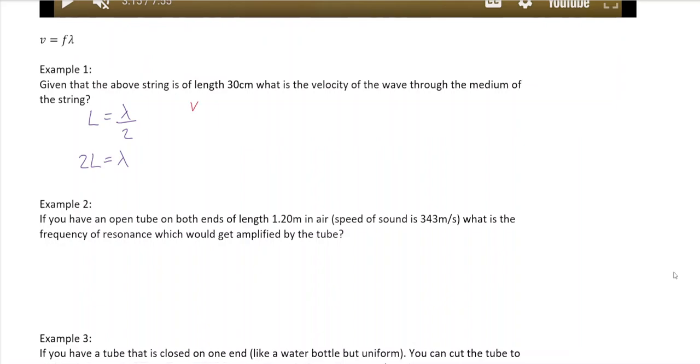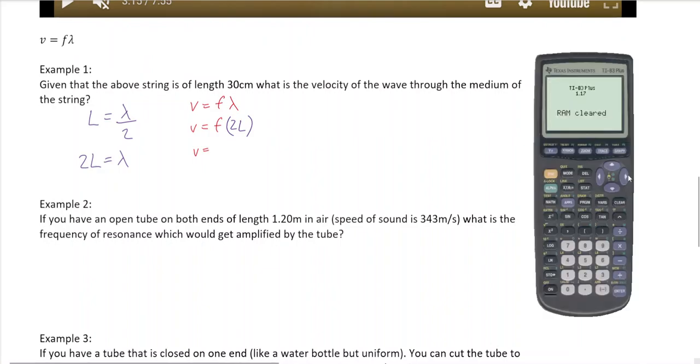What we need to do is now use our velocity formula. This is great too, but it also doesn't work yet until we put the lambda version in there, so the 2L, and now we can finally solve for the velocity.